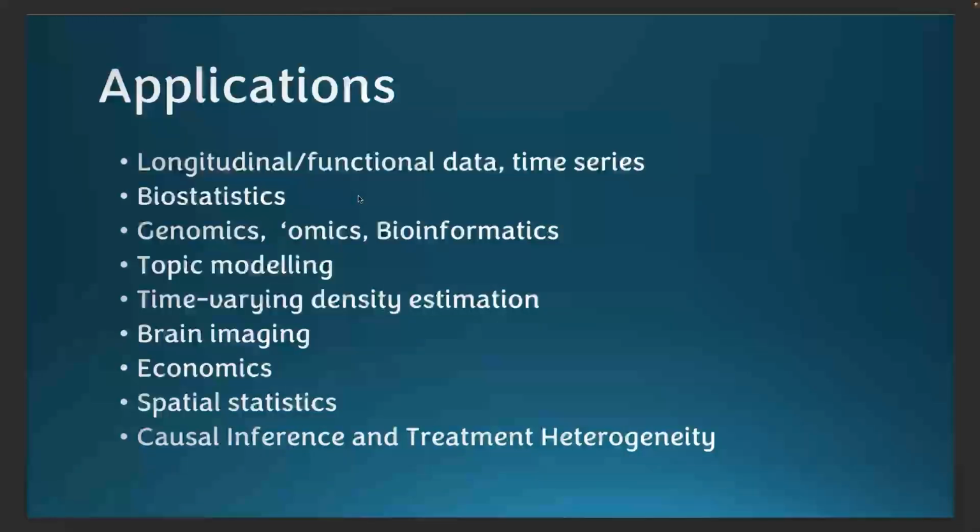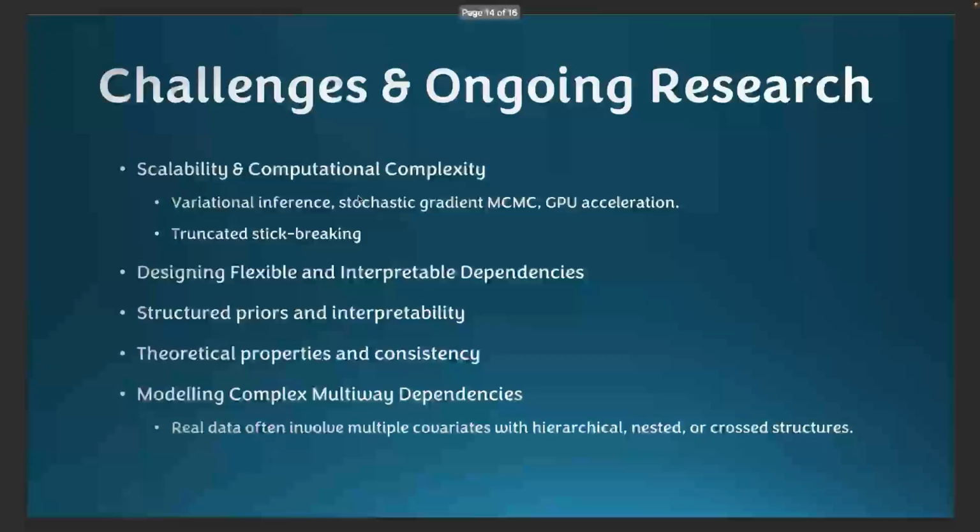Applications of the DDP have been infinite: longitudinal data, biostatistics, omics, survival models, environmental density, brain imaging, economics, spatial statistics, causal inference, treatment heterogeneity. This is a testament of how flexible, widely applicable and usable in practice this type of construction is. So is it finished?